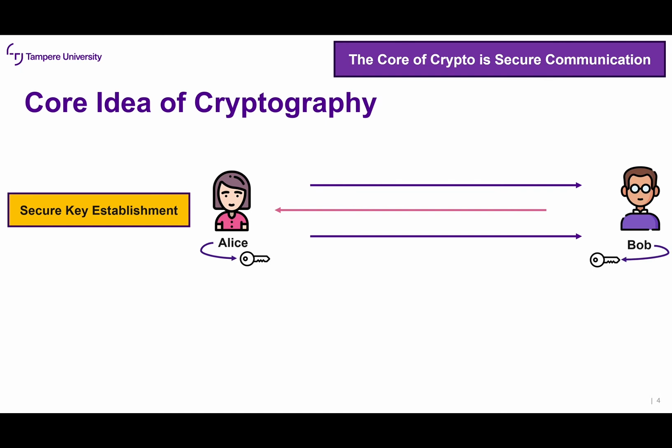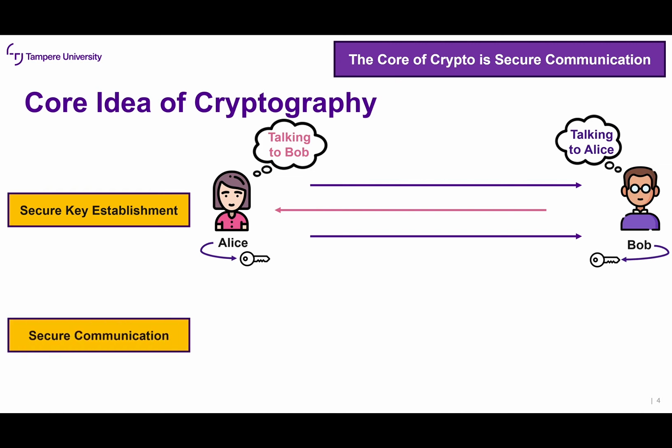Okay, a secret key that will be known only by Alice and Bob and will be used to secure their messages, right? Now, if they manage to securely establish a secret key, then basically Alice can be sure that she's talking to Bob, and Bob can be sure that he's talking to Alice. So this is the first phase of the communication, let's say.